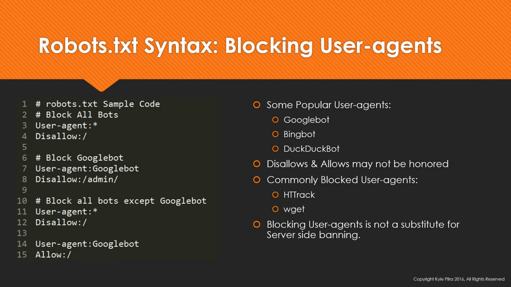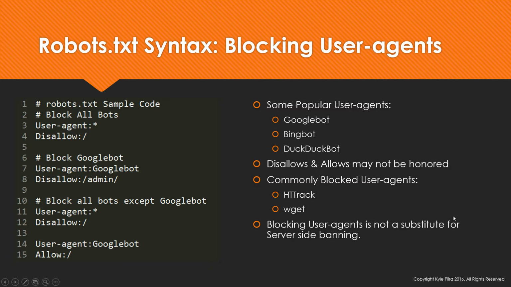If they decide not to, there's nothing you can do. It's not like there's a law that says they need to obey robots.txt. It's just a suggestion, a courtesy. But if you have a bot that's misbehaving, you can always ban their IP address and not serve requests to them.